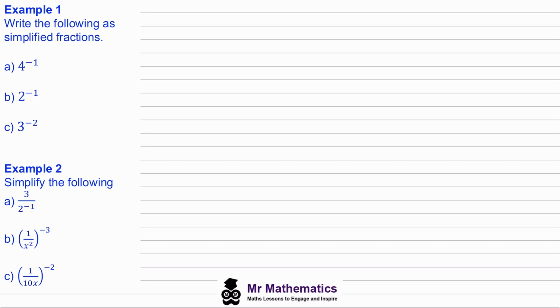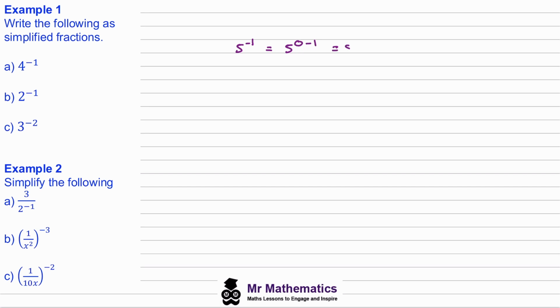So there's a really simple rule for working with negative powers, and I want to show you where this rule comes from. If we have, for instance, 5 to the power of negative 1, well, this is exactly the same as 5 to the power of 0 minus 1. And now we can use the division rule of indices to write this as a fraction.